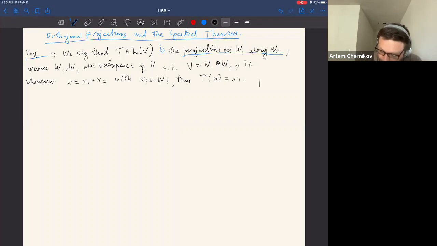As it would for the projection. If I draw the picture, the usual projection, for example, if this is W1, this is W2, we know that R squared is the direct sum of these two subspaces.